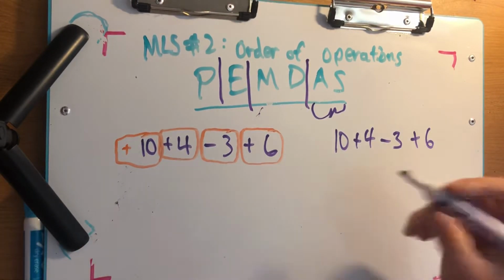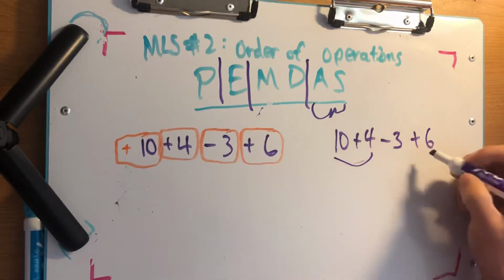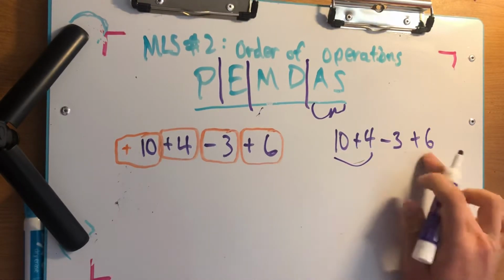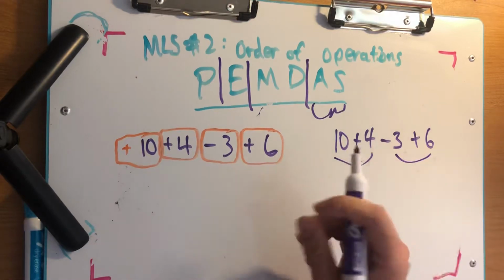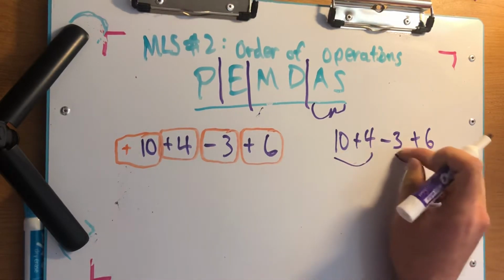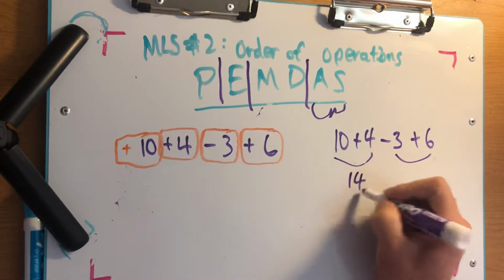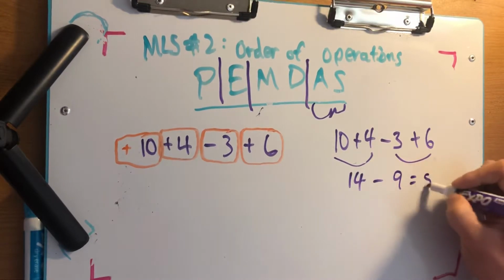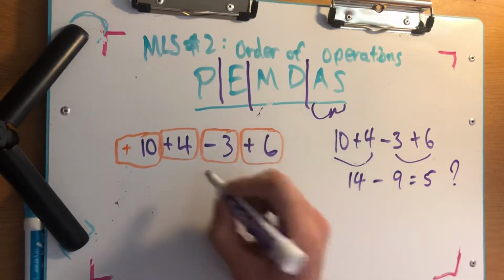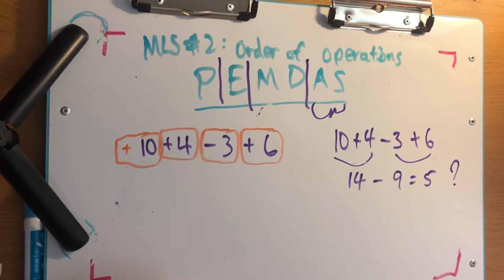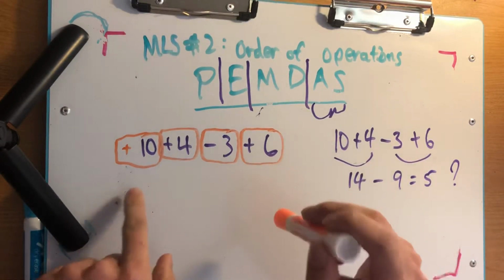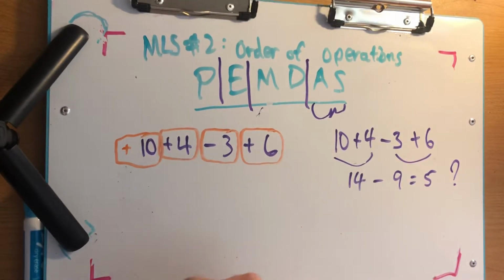Let me write out the previous version, the one where we got 5, and we're going to compare it to that. We're going to try to identify what's actually going on and compare the two. So 14 minus 9 equals 5, right? Is this the correct one or is this one? Let's think of these as individual actions. We can go in whatever order we want.